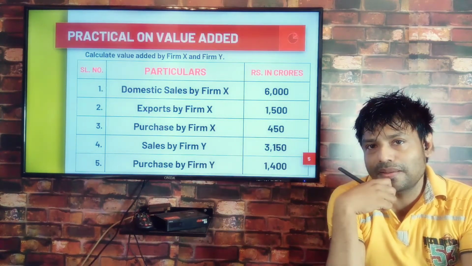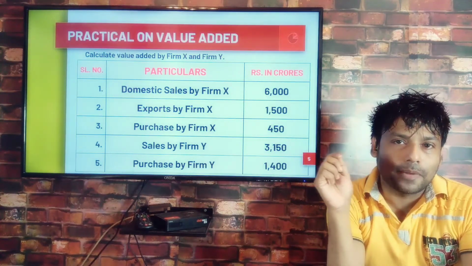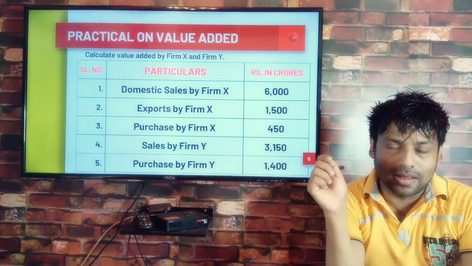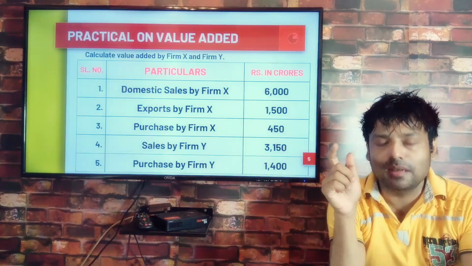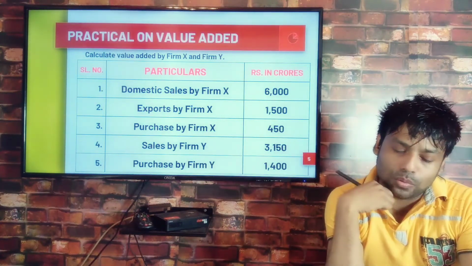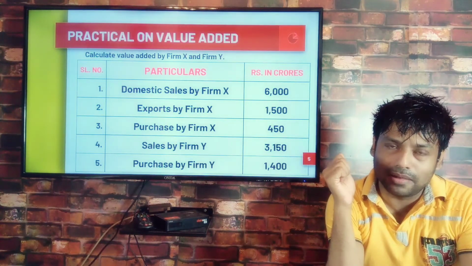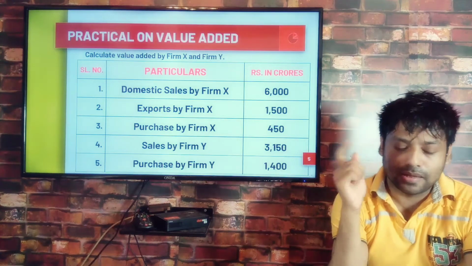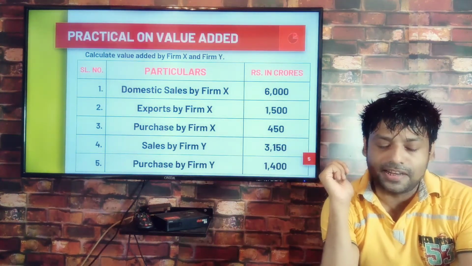So that is why we have to add item number 1 and item number 2 and deduct item number 3 from the total. I mean, it will be 6,000 plus 1,500 minus 450. In the next slide, I will show you the solution in detail.